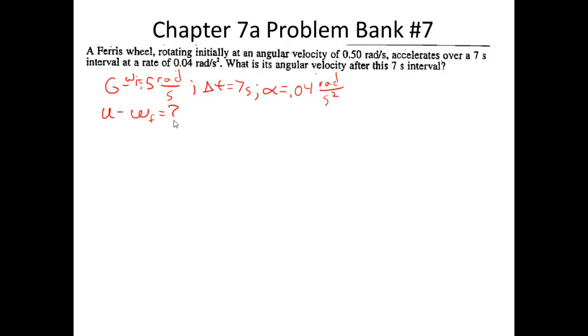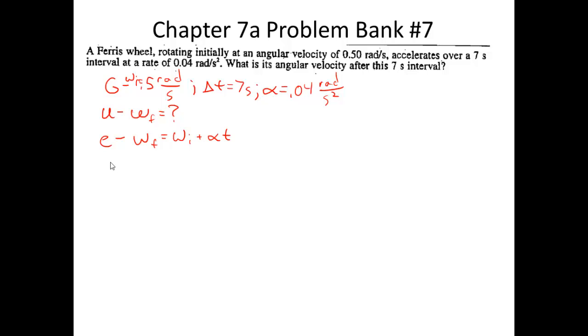For our equation, we have time, initial omega, and alpha. So let's find the equation that does not have theta. It looks like we'll use the same one that we just did. We have omega final is equal to omega initial plus alpha times time.